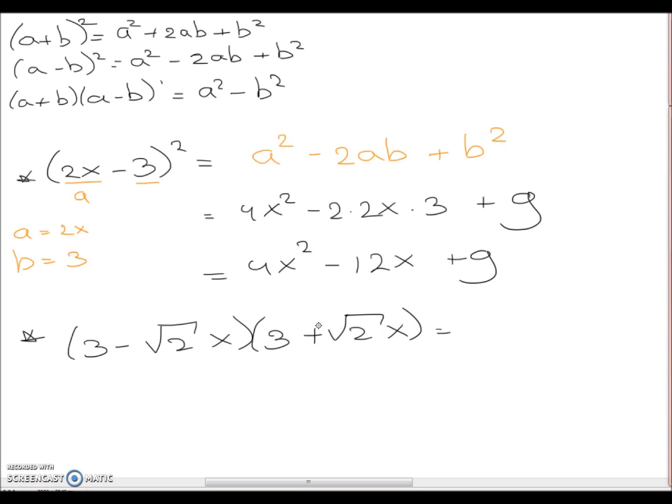There's a minus here and a plus here. So we can use the third remarkable product, (a plus b) times (a minus b). In this case our a is 3, our b is square root 2 times x.